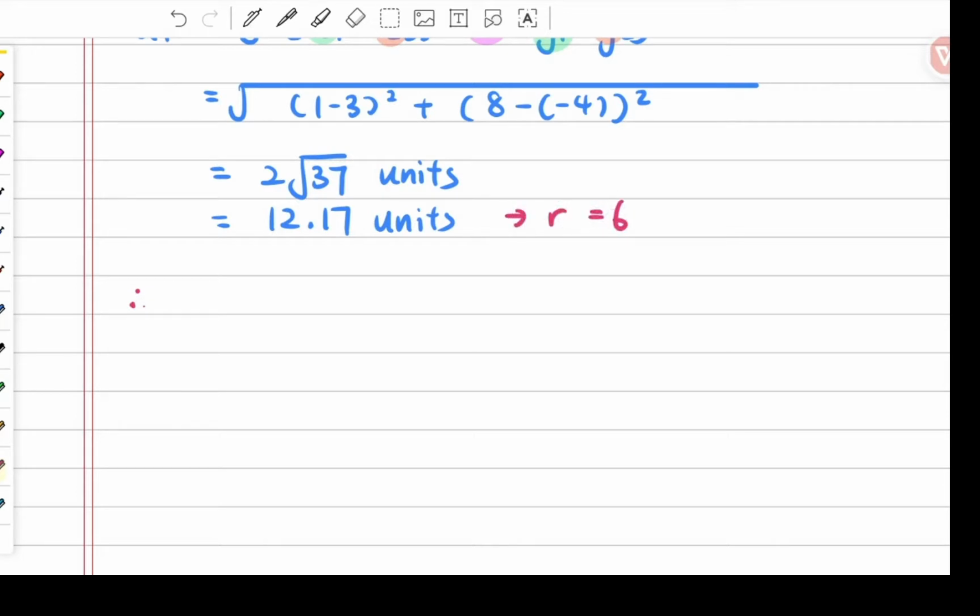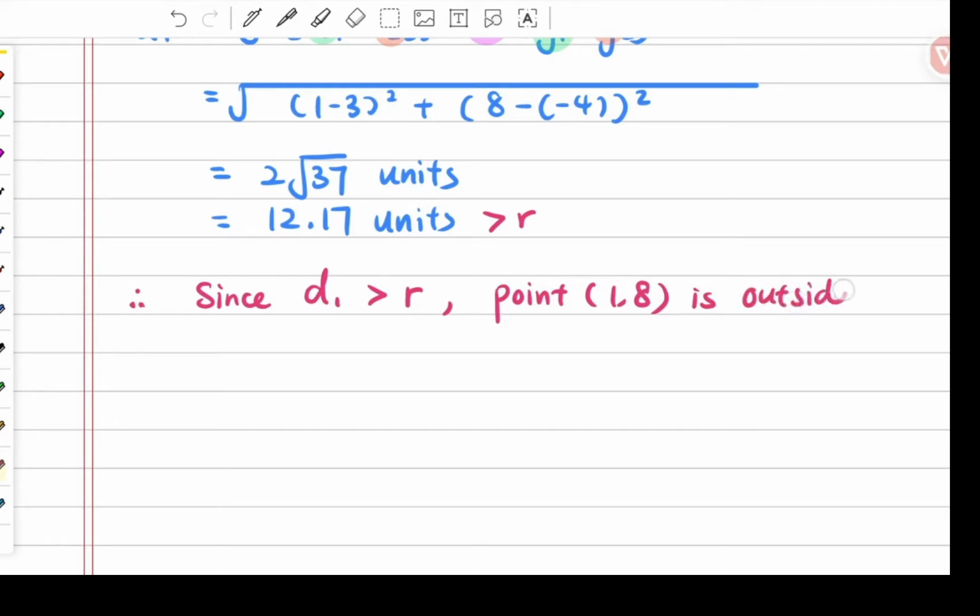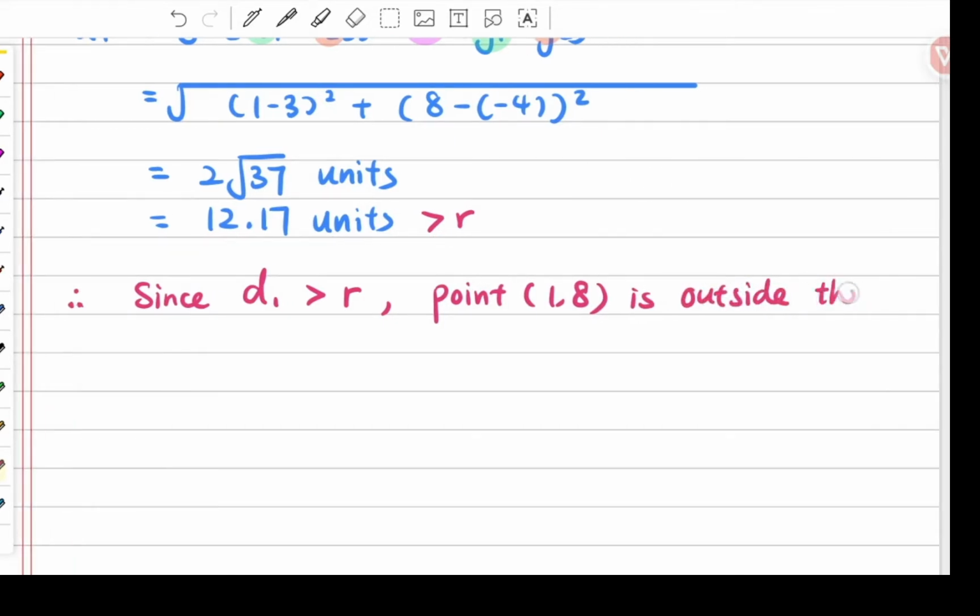So this one is greater than your R. So you can make the conclusion here: since d1 is greater than R, point (1, 8) is outside the circle. Outside the circle, because it is longer.